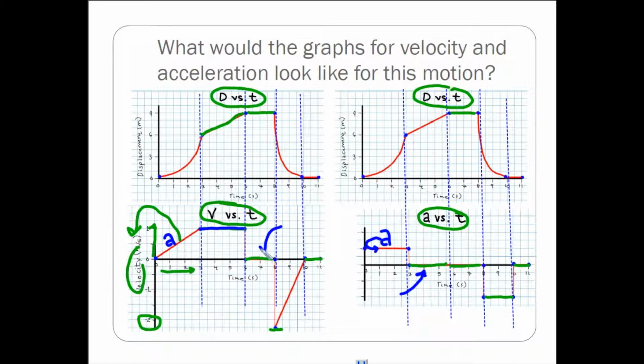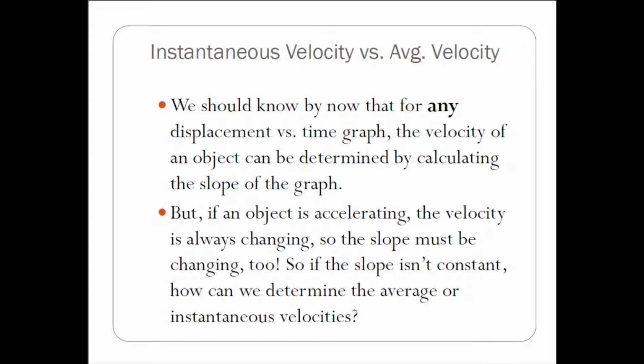In the next interval, I'm not moving at all, which means my acceleration should still be 0. In the very next interval, I go from a large negative velocity to a velocity of 0, which means I have a negative acceleration. And in the very last step, I'm not moving at all, which means I have an acceleration of 0 once again.